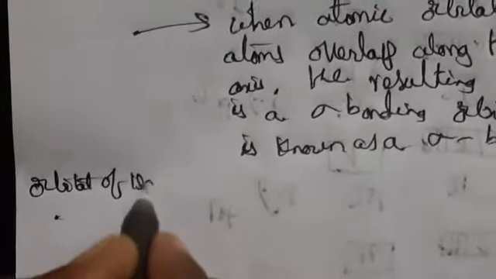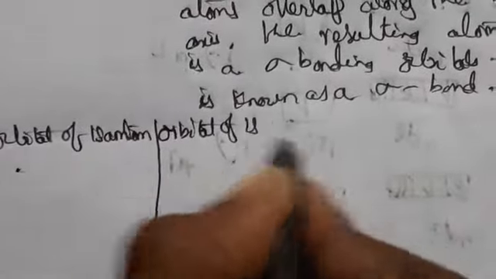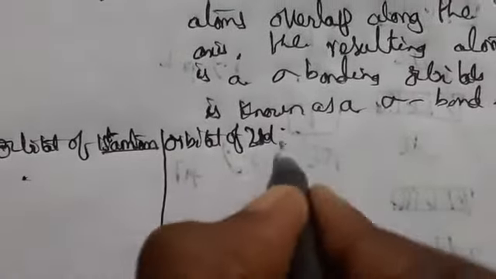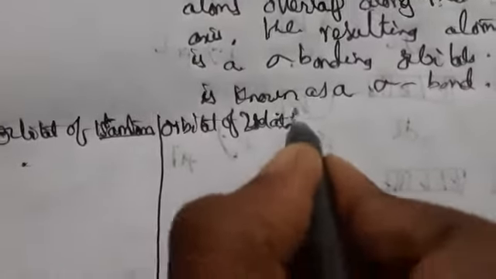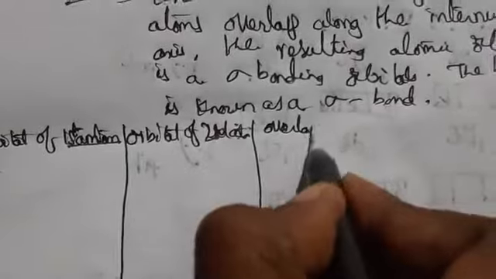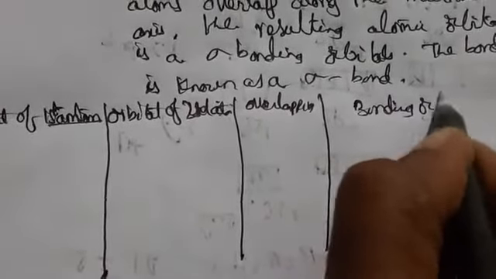An orbital of the 1s atom, an orbital of the 2s atom. This is the first atom we are taking, and this is the second atom. Overlapping of two atoms, bonding orbitals we are taking.